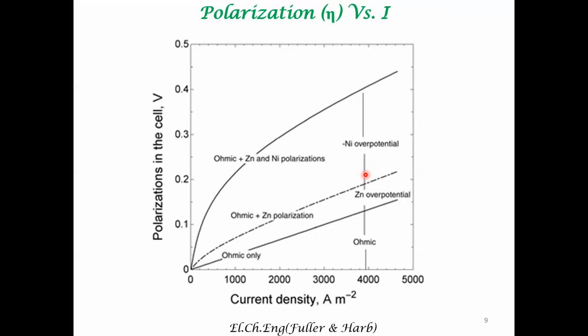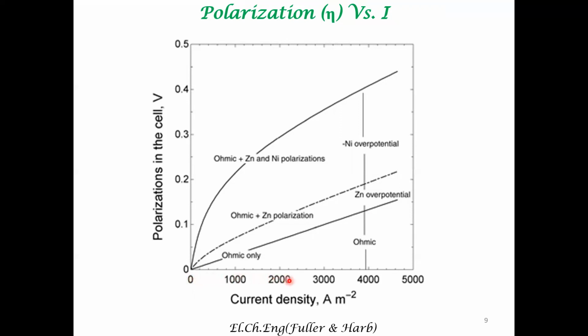That potential can be obtained only when the polarization is 0, and the polarization is 0 in only one condition, when I is equal to 0. It's called the open circuit potential. At that point, the polarization of the entire cell is 0.